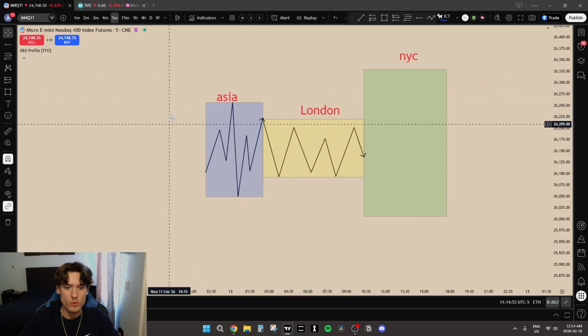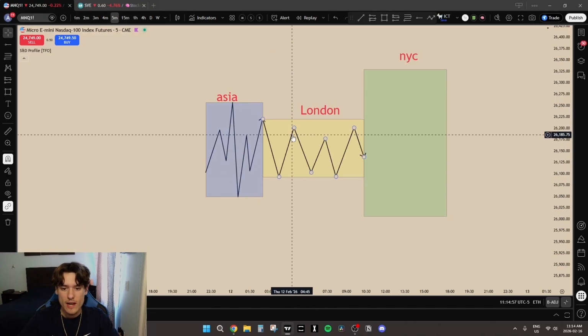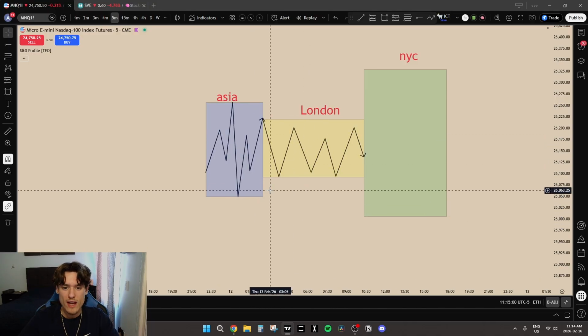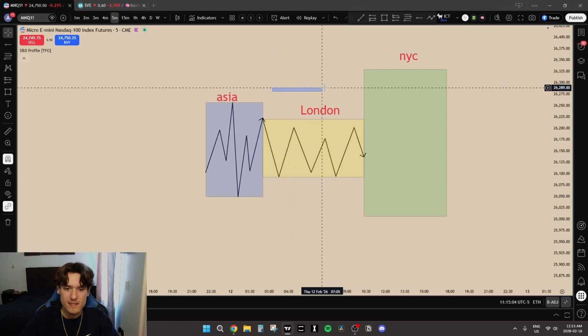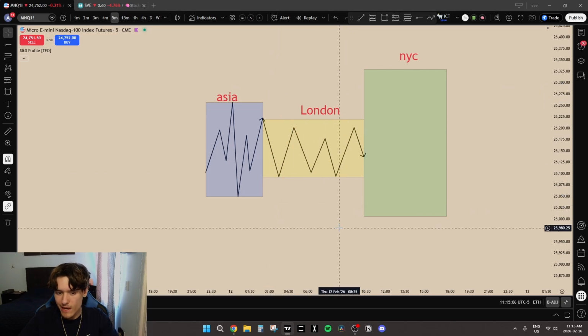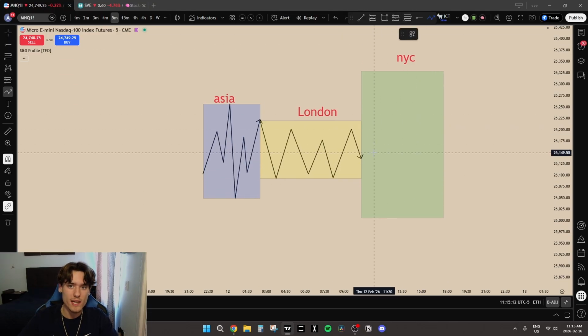First thing we want to look at, Asia session. What did we do? Well, here we're making new highs and we're making new lows. Beautiful, right? Now, London session, what did we do? We actually just consolidated. Now, why do I say we consolidated? Because we didn't take out Asia high, nor did we take out Asia low. So that's telling me that in New York session, what can I anticipate? What do I want to see happen?